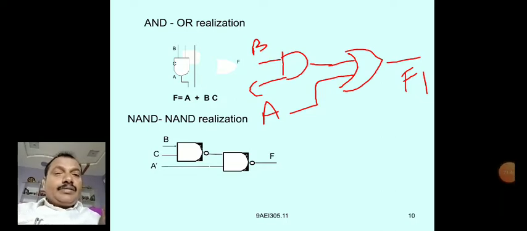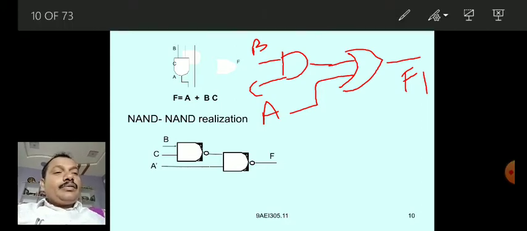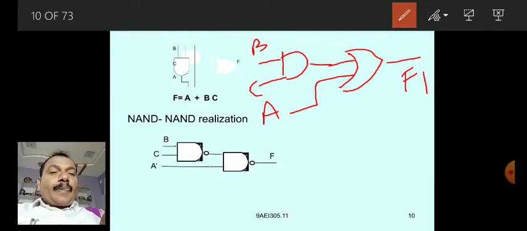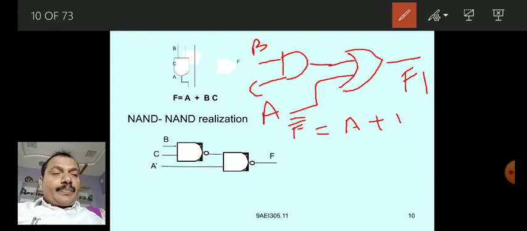For that, let us see, F double bar is F. F double bar is F only. That means A plus BC, double bar.